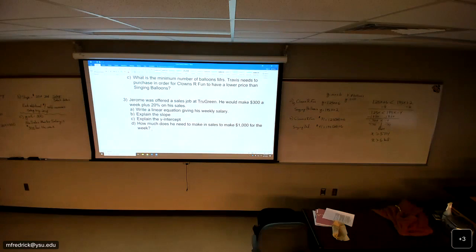I'm not sure what it is now, but when I worked at TruGreen, this is what the sales were. Hopefully it's higher than that now. But they could make sure what they needed to sell each week so that they made what they needed to pay all their bills.